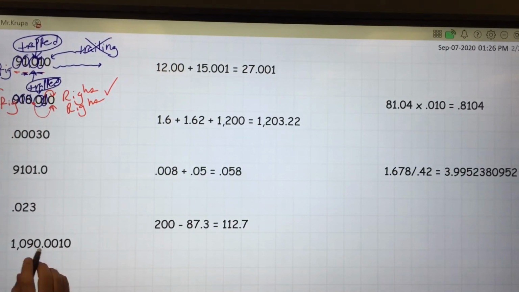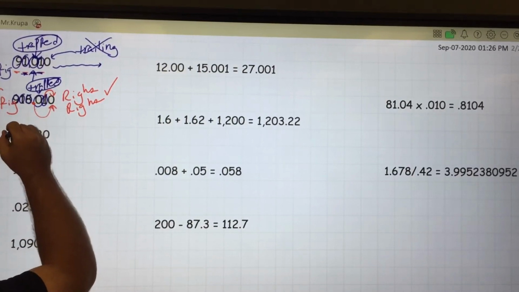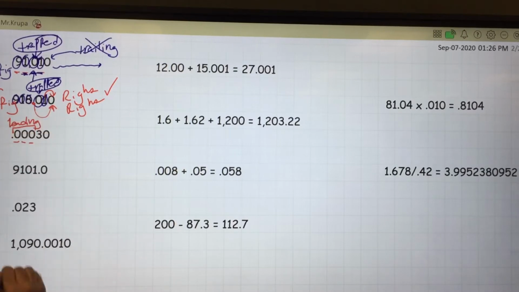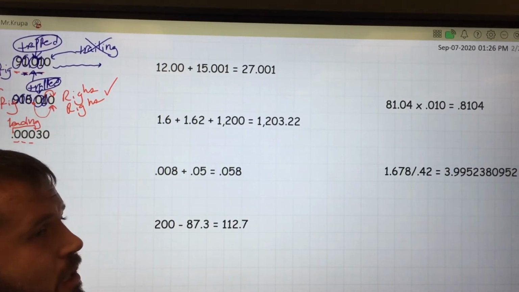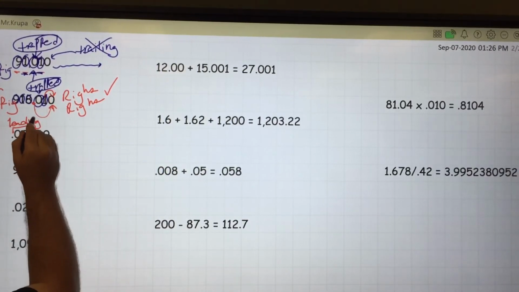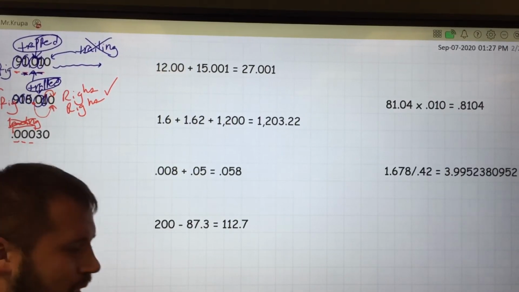Moving on to 0.00030. We have these 3 zeros out front. All 3 of these are called leading zeros. They come before all non-zero digits, but they do come after the decimal place. Leading zeros are not significant. They are placeholders and they're needed, but they are not significant.